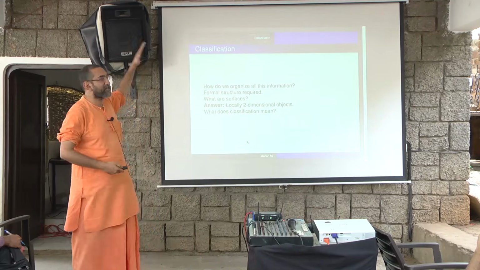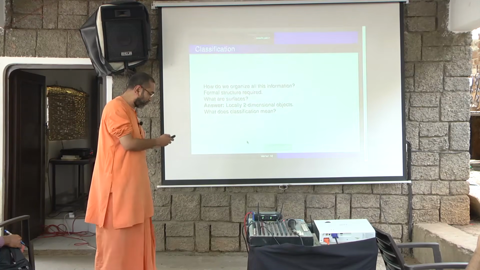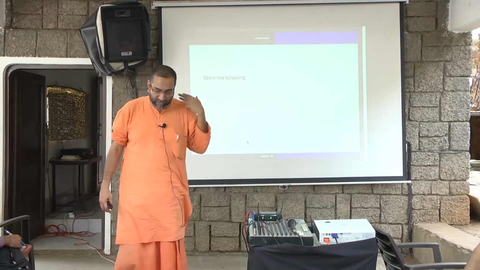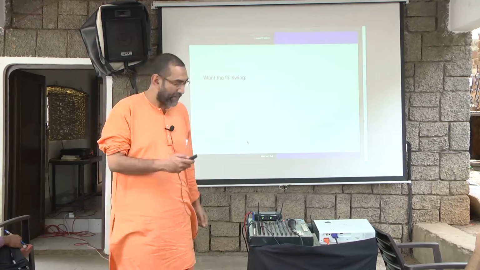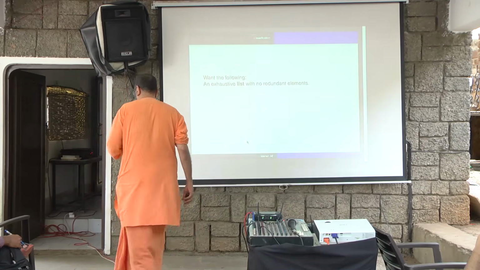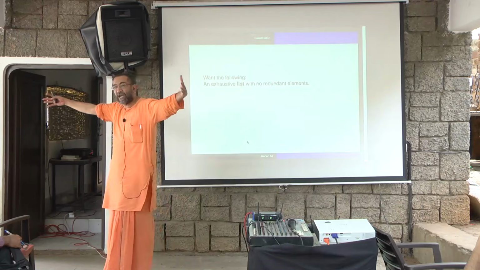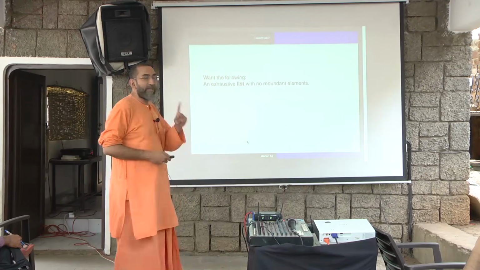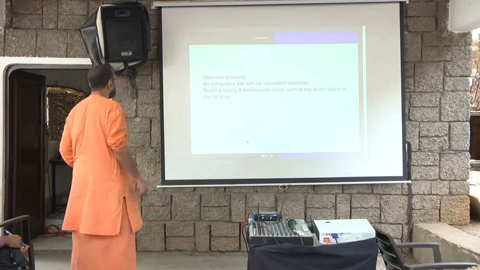So what does classification mean in this context? That's what we are going to go to next. Let's try to make this notion of classification more precise. What we want is the following. We want an exhaustive list. Think of these as a collection of files. This is an exhaustive list which satisfies two properties.